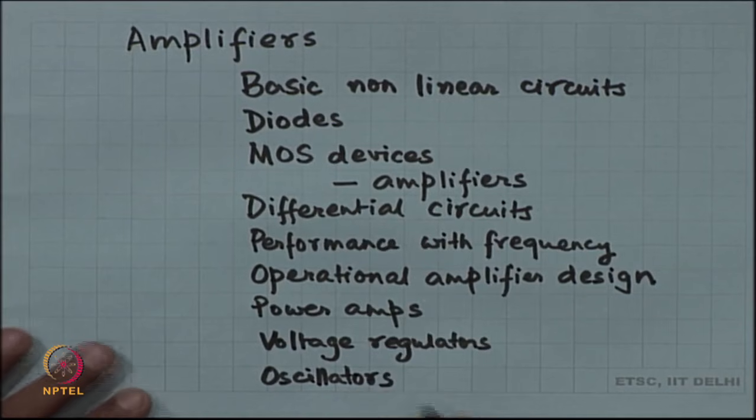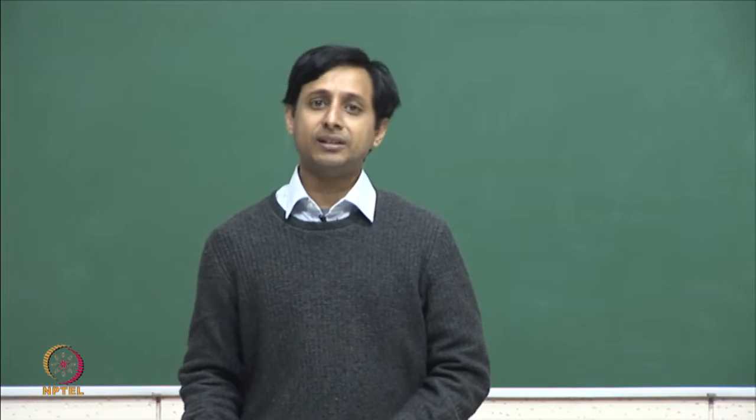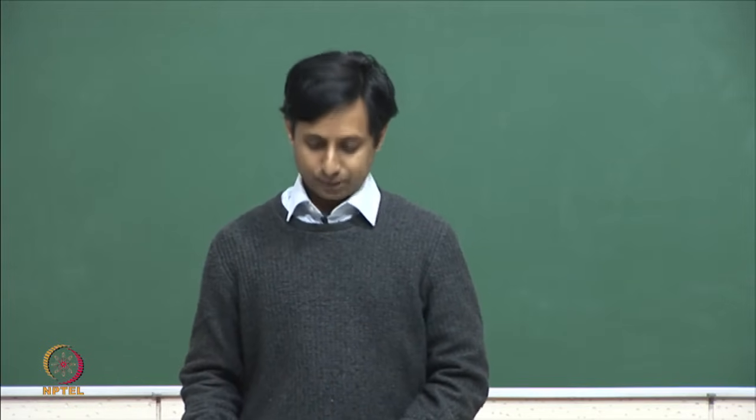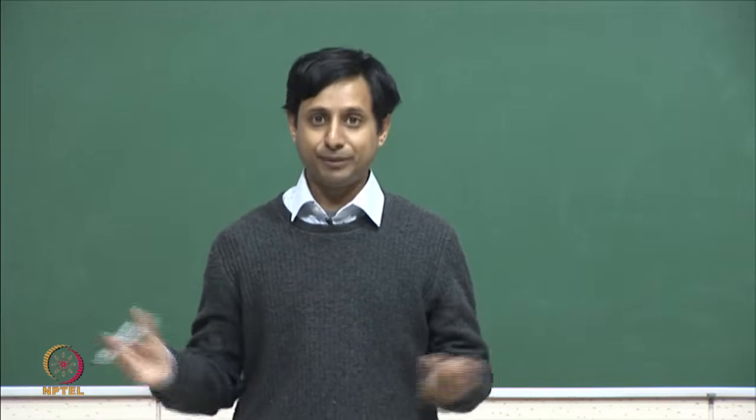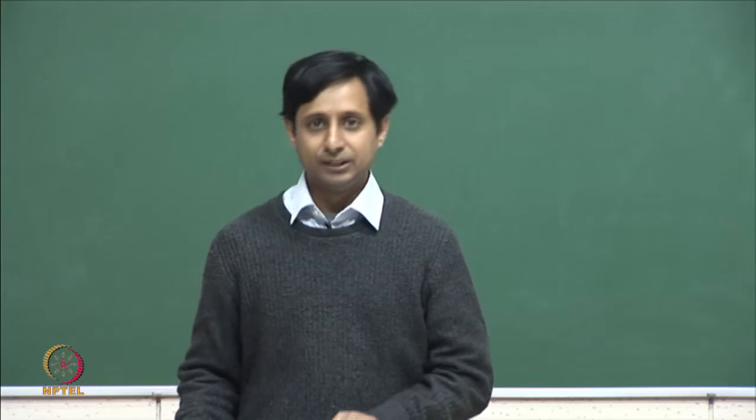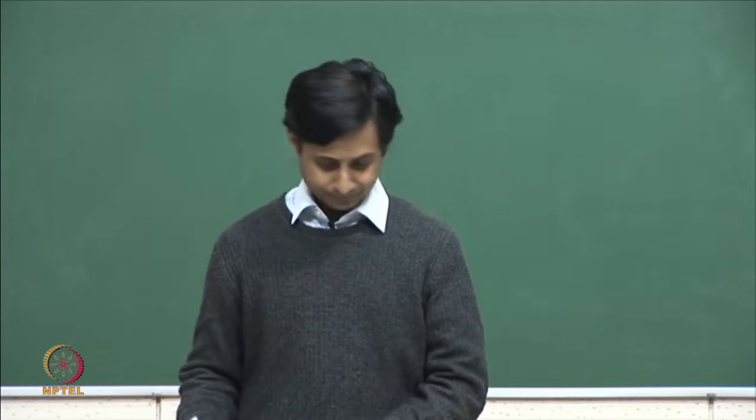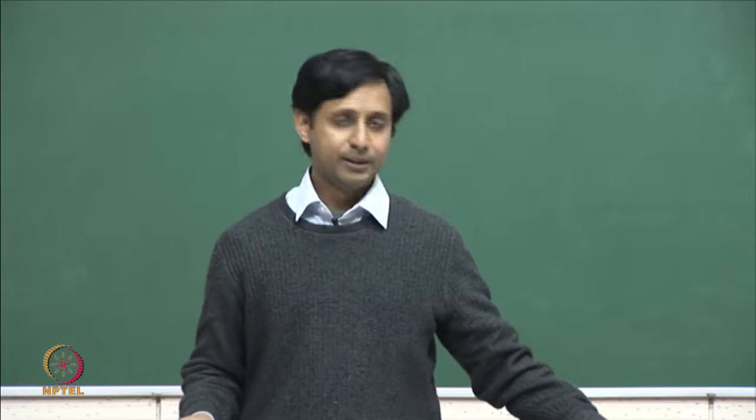So, this is a very brief outline of the content of this course, and to start with, in today's lecture what we are going to discuss is what are amplifiers and what is the meaning of our course title. So, this is going to be my objective number 1.